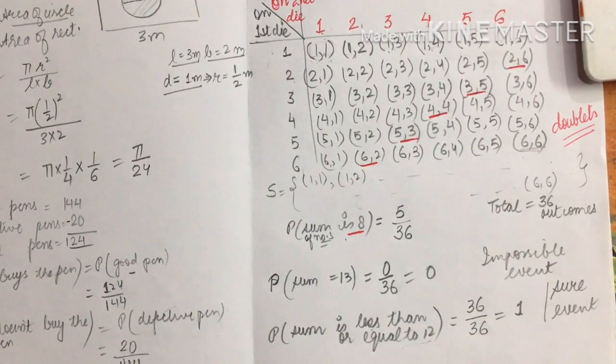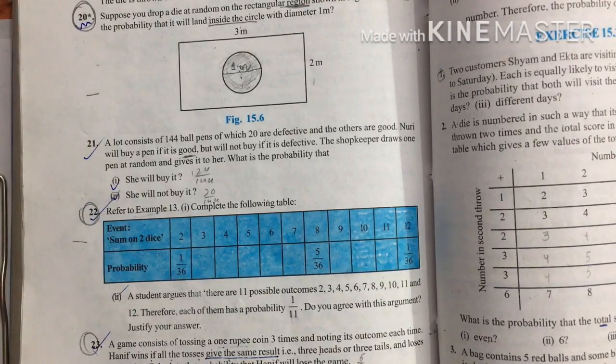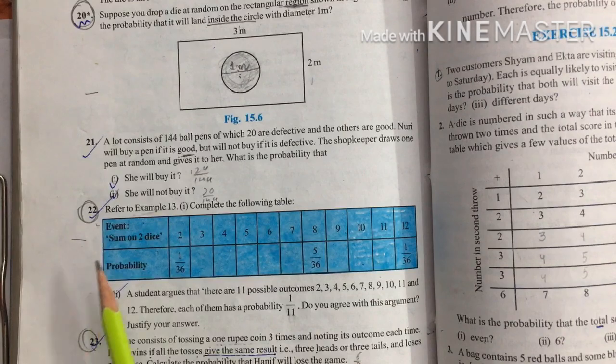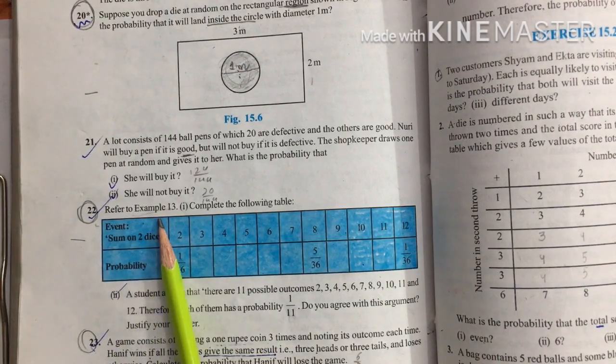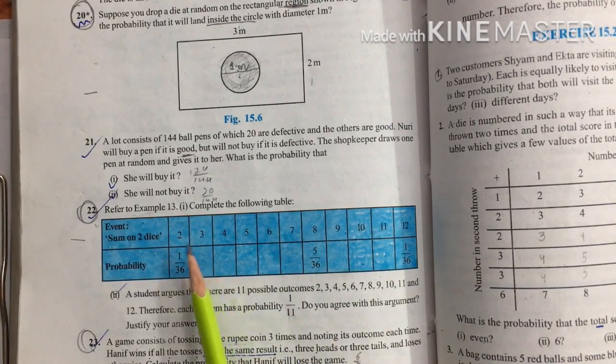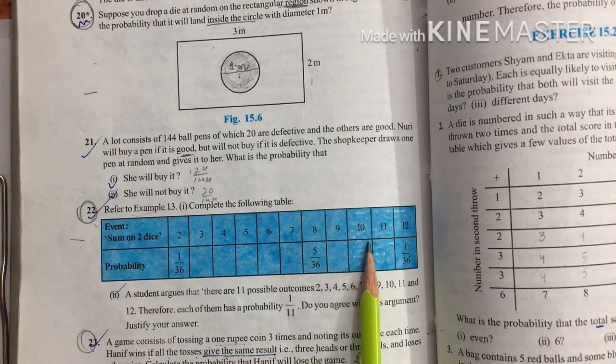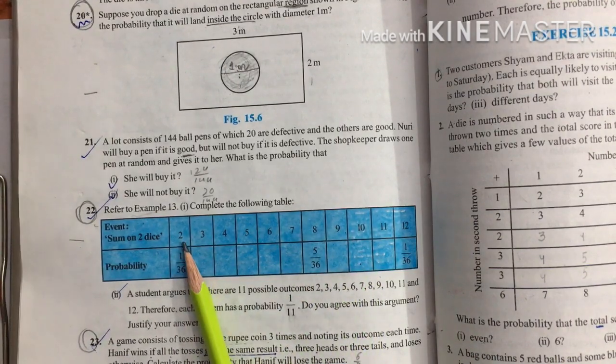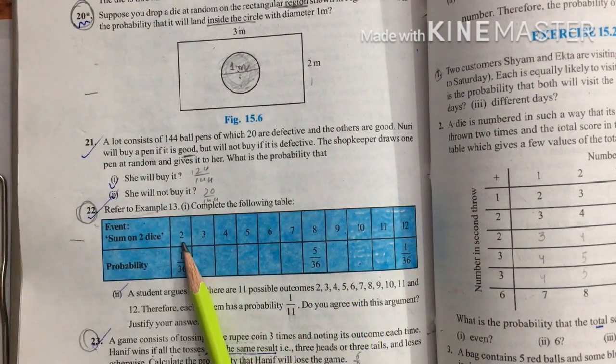Now let us go back to the question that we were doing. So we were doing 22nd question. What they are saying is they are asking you to refer to the example number 13 and complete the table. In the table, they have mentioned what are the possibilities of the sum obtained. As I told you, the minimum sum that you can obtain is by getting the minimum numbers on each die.